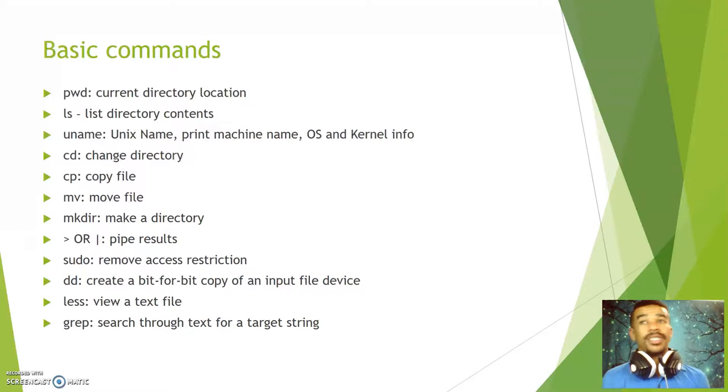Next, we have the cp, the copy file command, which surprisingly will copy a file. You are to give it certain arguments: one argument would be the file to copy, and the other argument would be the destination of that file. There is the move file command, which will move a file from its current location into the desired location. Again, arguments need to be given to the command.